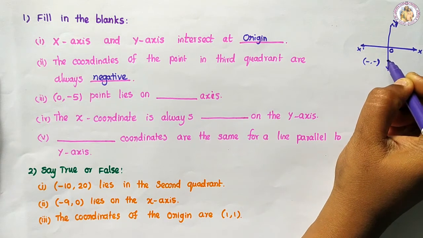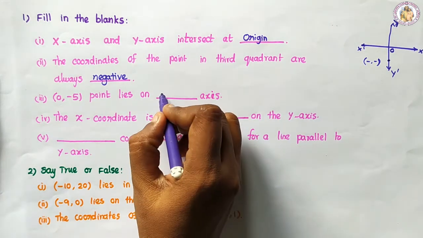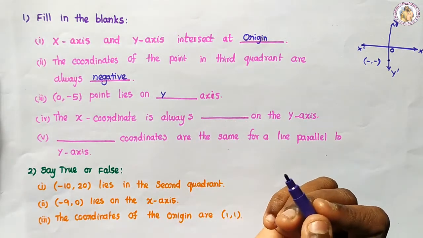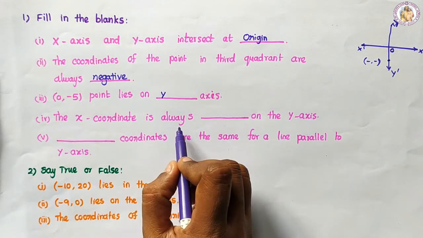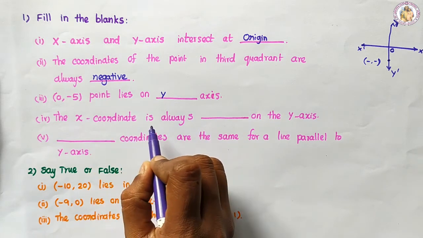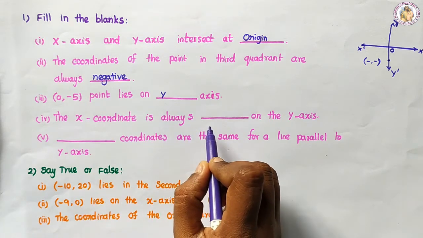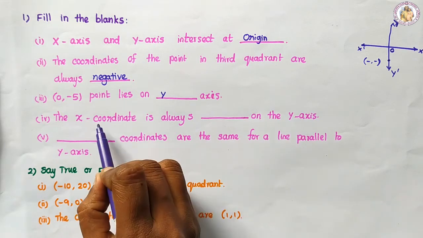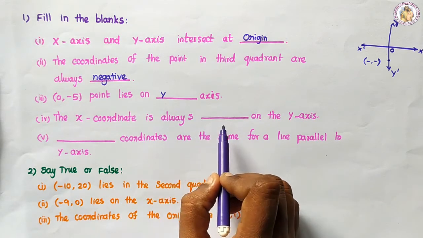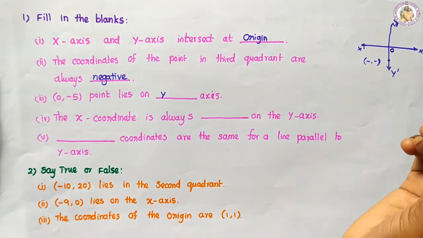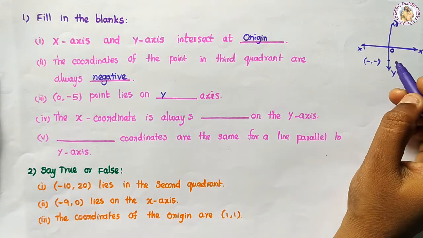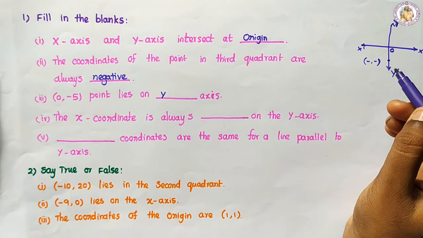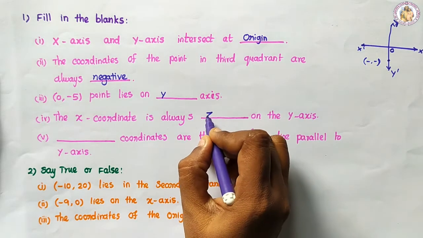So it lies on the y-axis. The x coordinate is always dash on the y-axis. That means if the point lies on the y-axis, x is 0.